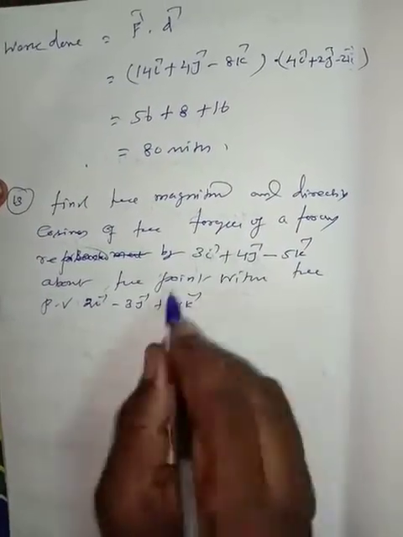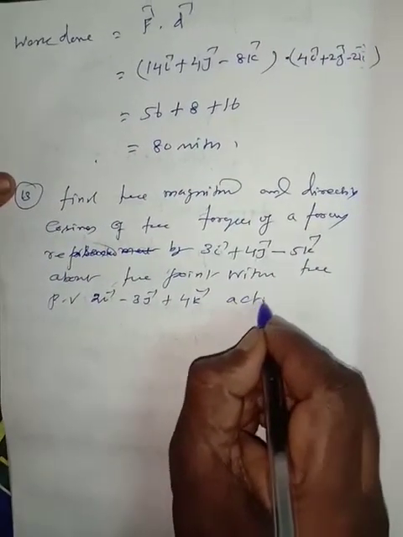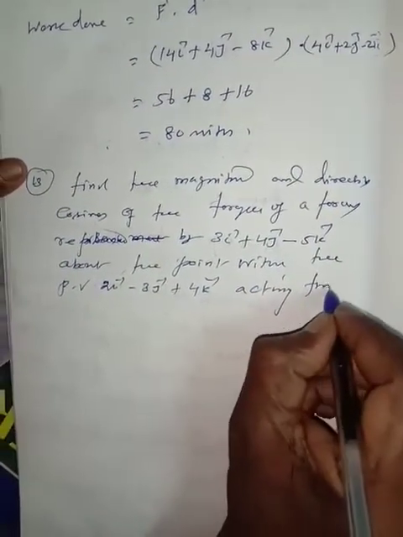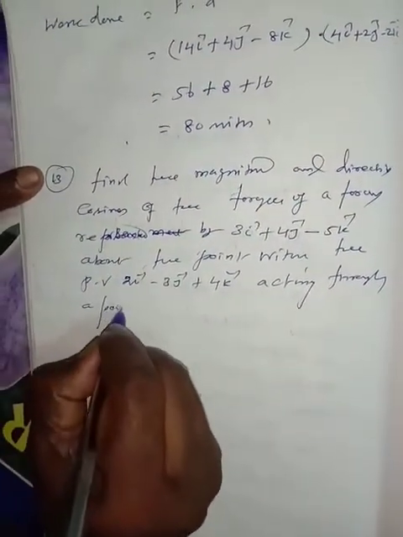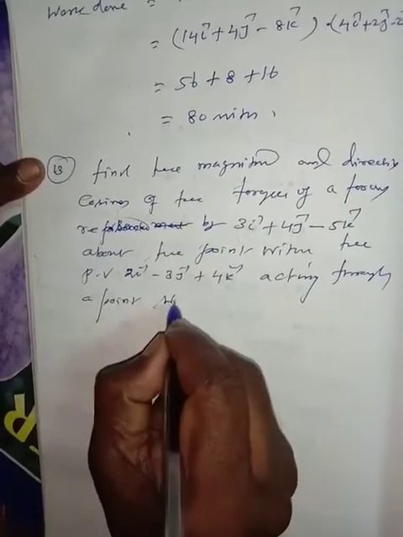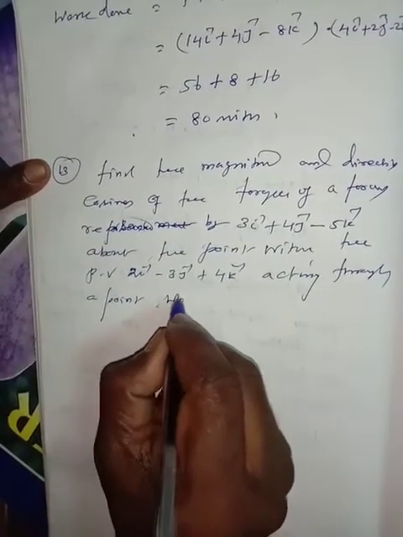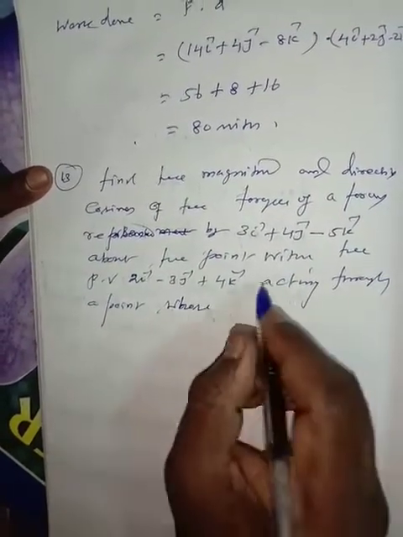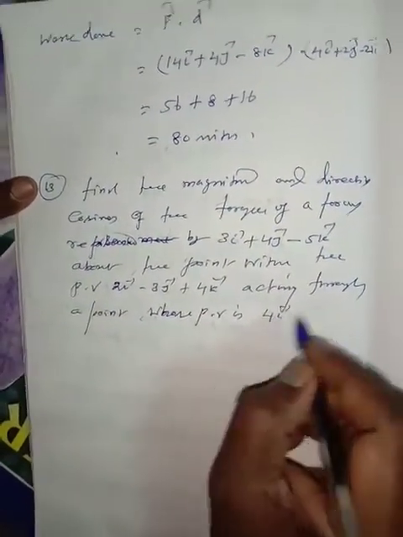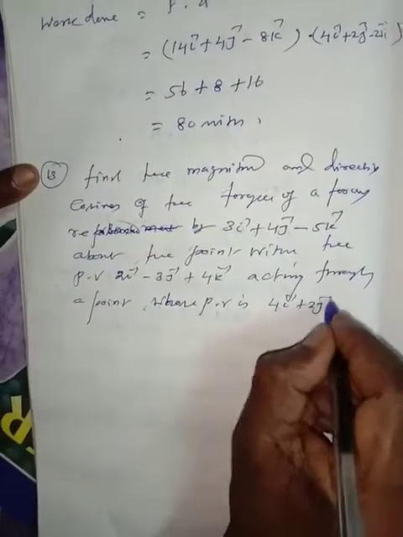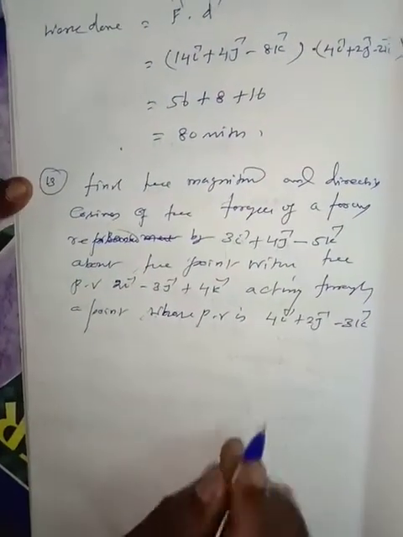Acting through the point whose position vector is 4i vector plus 2j vector minus 3k vector.